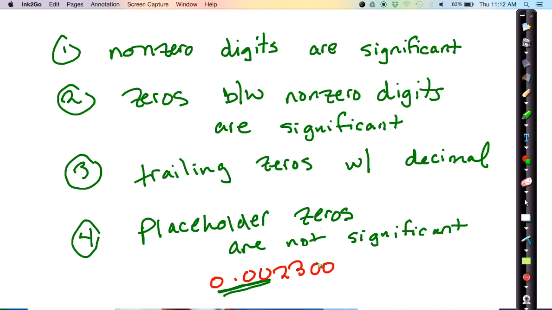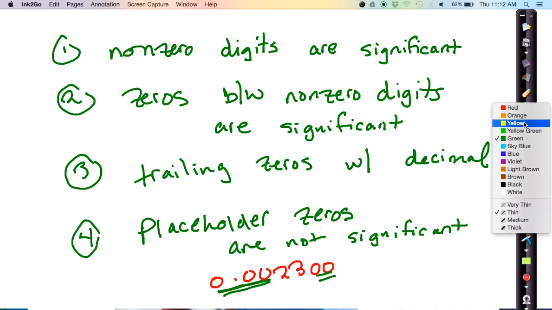They come before the non-zero digits in the number. We also have 2 trailing zeros, but those trailing zeros after the decimal place would be considered significant in accordance with rule number 3. So when you have a decimal value like 0.002300, the leading placeholder zeros are not significant, but the trailing placeholder zeros are.